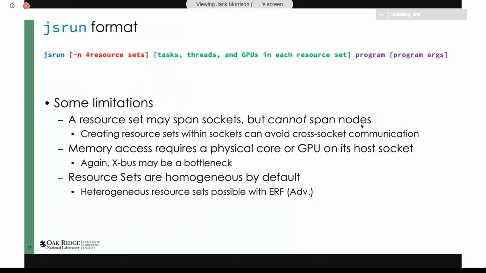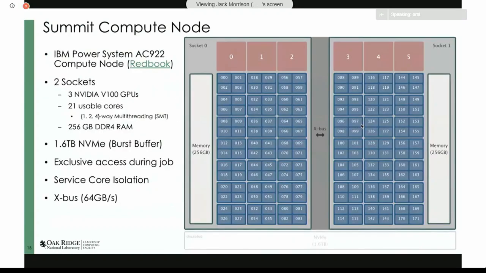And then beyond that, there's a condition. I mentioned that memory was a bit of a special case in resource sets. If you are running on, say, socket 0, but you want to use all 512 gigs of RAM, you have to have at least one element in that resource set on socket 1.